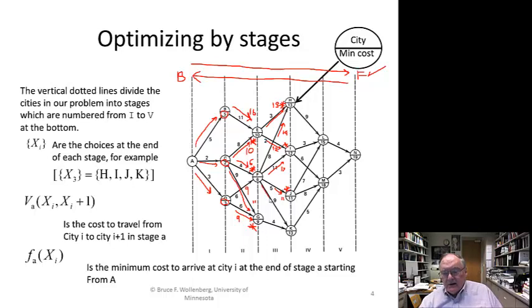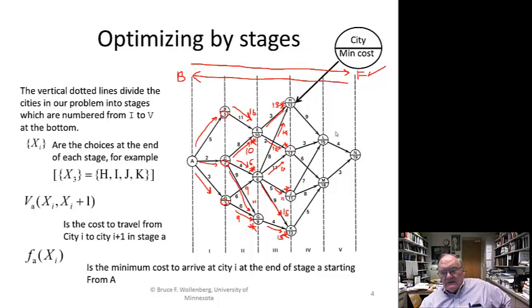Here I could come down 6 and 9, and that would be 15, whereas 9 and 4 would be 13. So again, we know the optimum path is this one down here. Okay, so at the 3-4 boundary, at the third stage, if you will, I have the optimum path to get to each one of these cities.